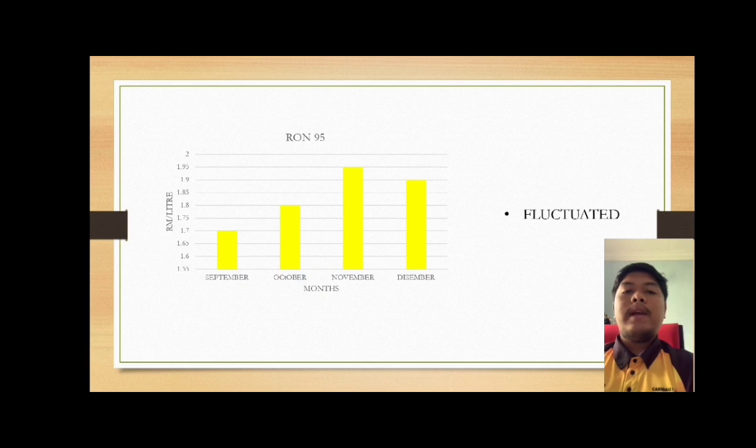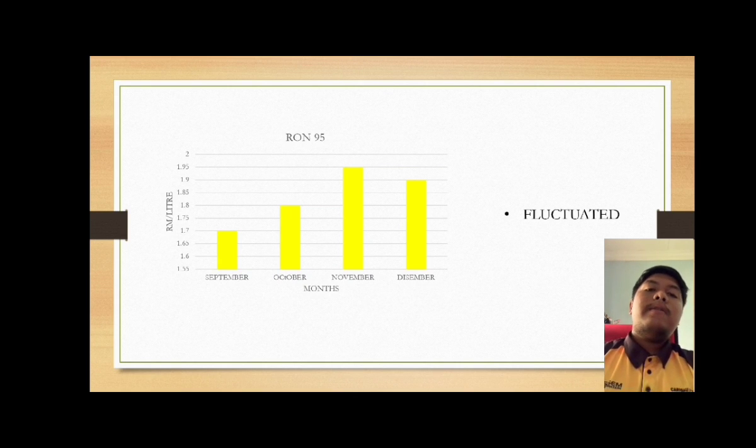Lastly, I want to explain the final slide for the RON 95. As we can see, the slide shows the months of September to December. The variables for the graph bar are fluctuated. Why do I say fluctuated? Because from September to November, the graph shows us that the variable is increased gradually.